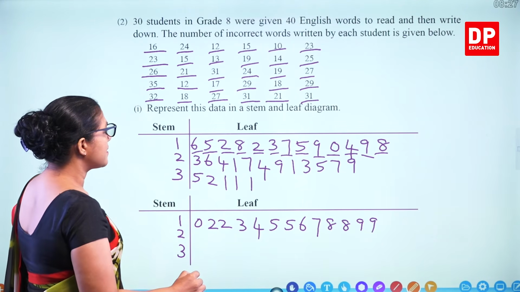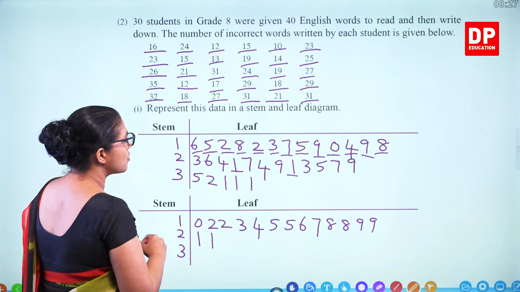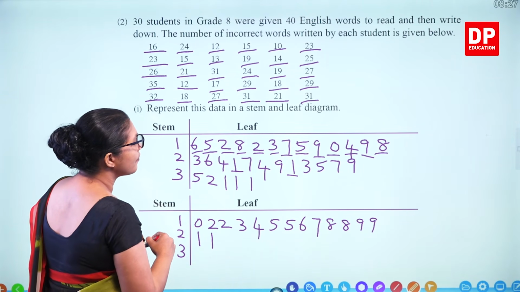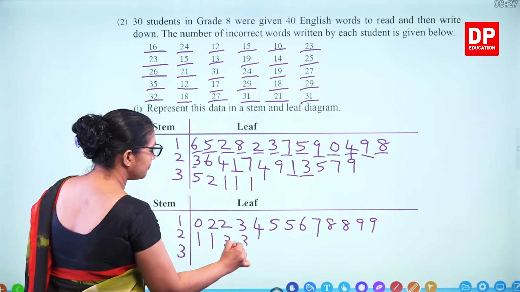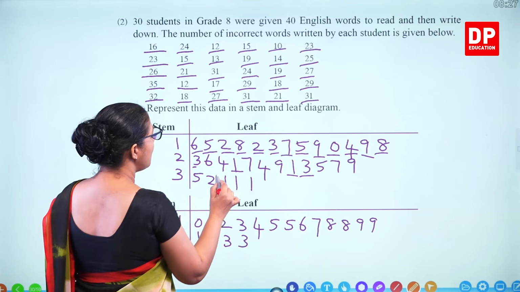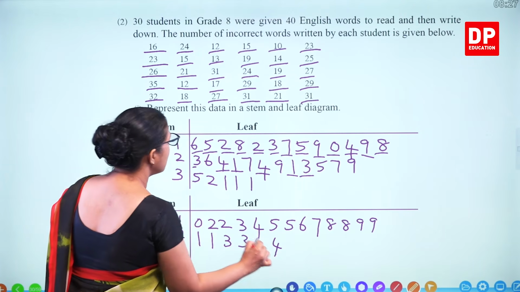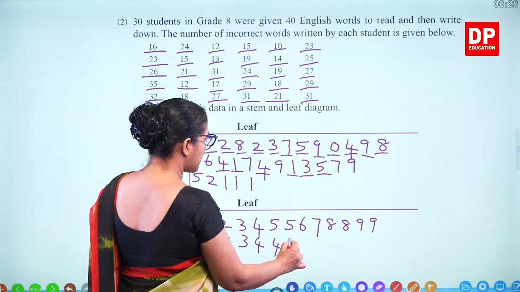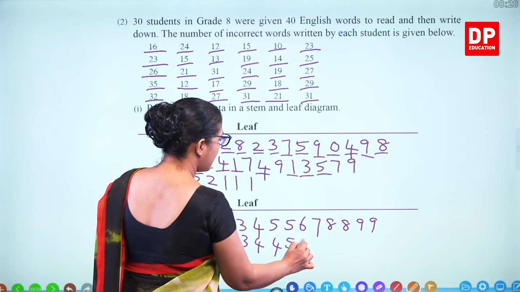Now when you take the next line, 1, 2, 1. It's 2 ones. Then 3, 1, 2. Then 4, 2, twice. Then 5 ones, 6, 1, only.